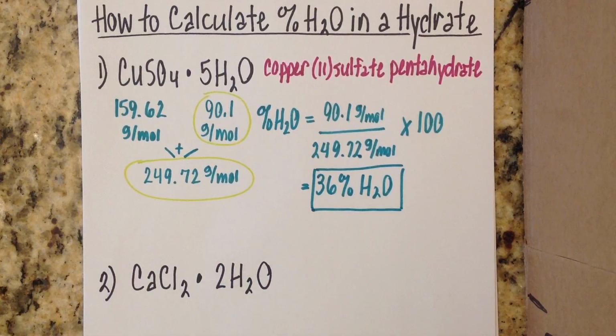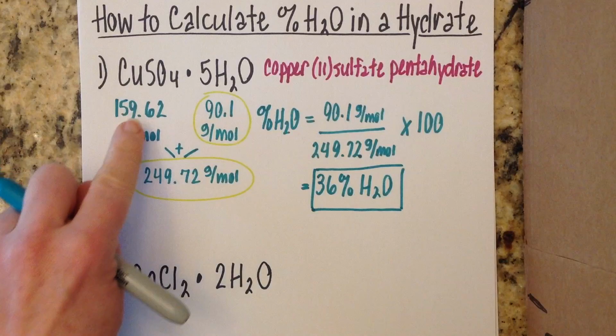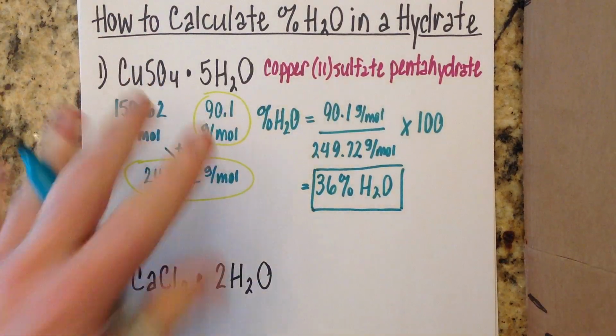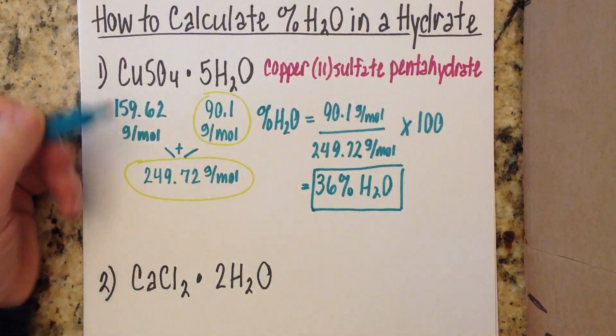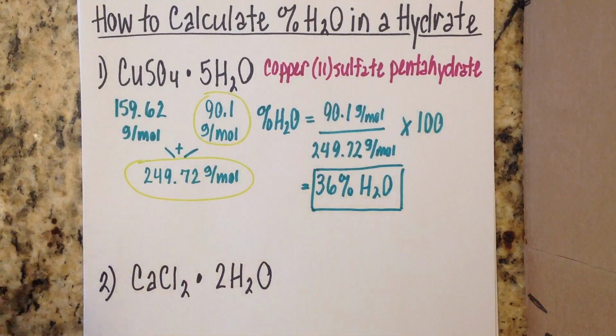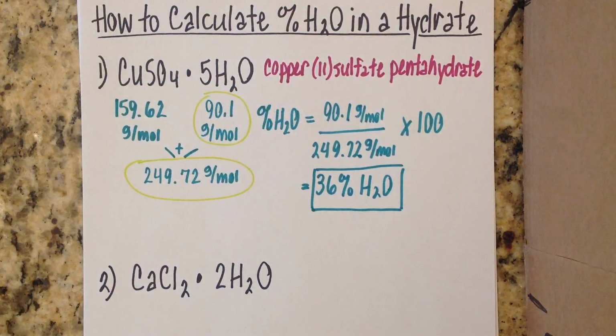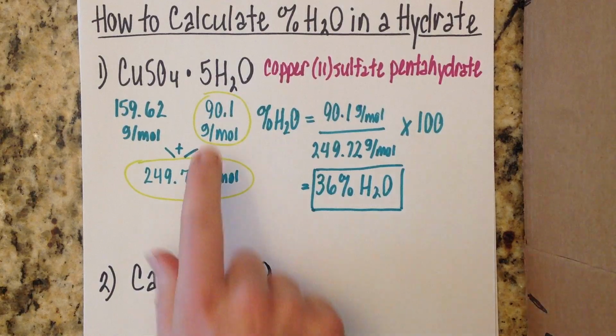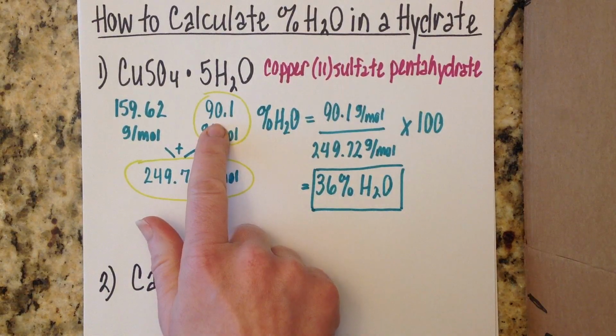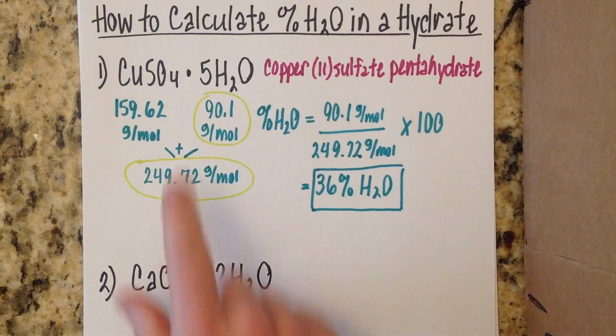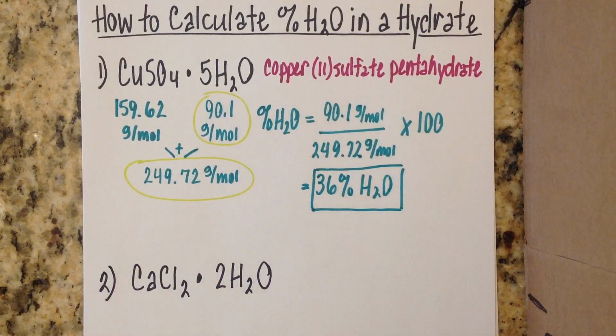You actually could figure out the percent of anything in here. I could say what percent came from copper, what percent came from oxygen. Whatever they're asking for goes on top, and then it's just divided by the total. You just want to make sure you're using the total mass of water. That's why we didn't put 18.02 on top, because we had to take into account there are 5 water molecules per every 1 copper 2 sulfate molecule.